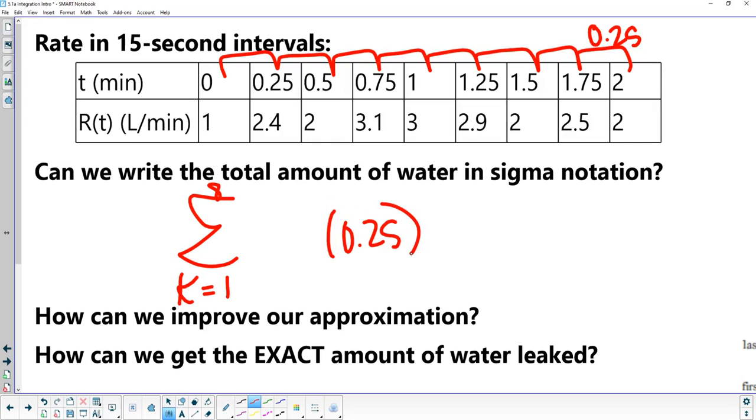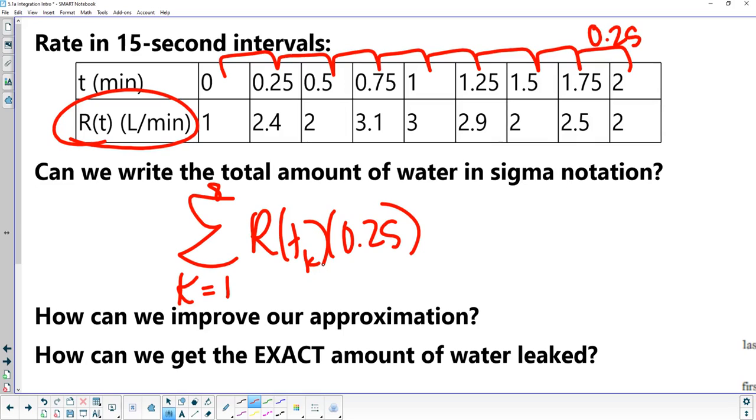Now the height is going to vary, but the height is always going to come from where? R of t, right? So I'm going to put R of t sub k, again, some y value within that subinterval. And think about your units. Every time you're going to take something from this row times something from this row, so what would your units end up being? Liters. How much, right? How much water leaked, okay?